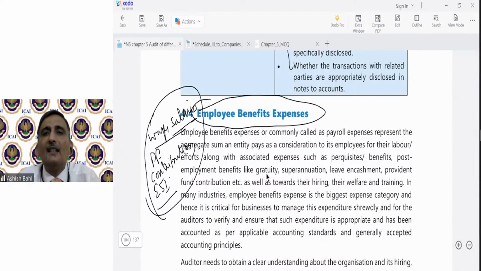Now, how the auditor is going to verify? Yes, only one, two responses. Yes, students. Tell me how the auditor is going to verify employee benefit expenses.